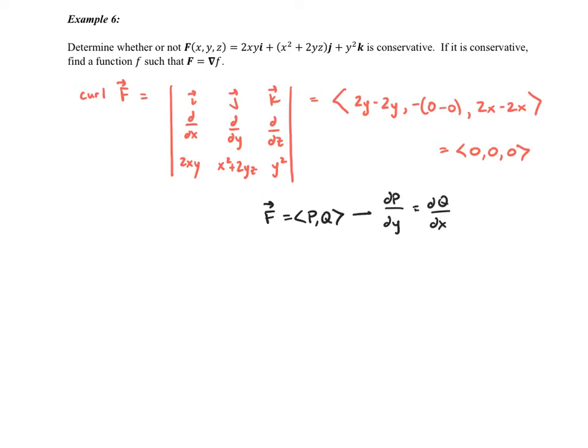And we said, well, okay, if those two partial derivatives are equal, then we have a conservative field. And not only that, but if we were doing Green's theorem, if those two things were equal, then Green's theorem fails and we can't use it.